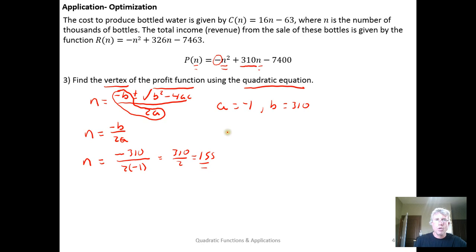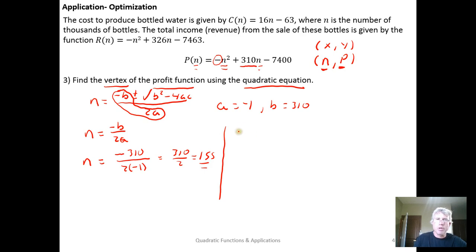And then to get the p coordinate of the vertex, because usually you have input x, output y, but in this contextual model we have input n, output p, so we have an n coordinate of the vertex and a p coordinate of the vertex.